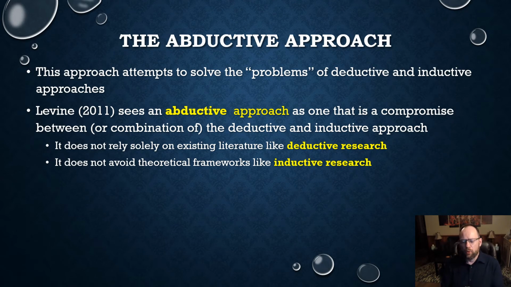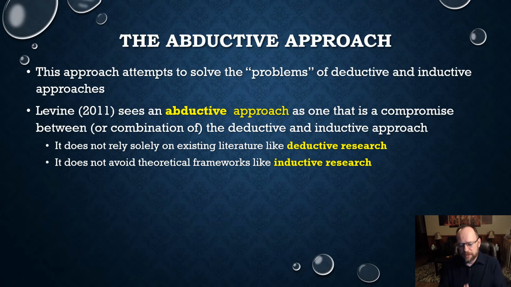So we're not relying solely on the existing literature and using that as a theoretical framework that we look at all of our information and all of our observations through. But at the same time, we're not ignoring the fact that there is existing literature and there can be a framework that we can use.